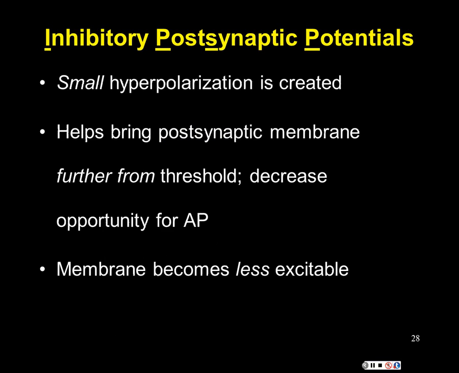As I mentioned, we're going to have a slight hyperpolarization. We're getting further away from threshold, and at that moment the probability of crossing threshold is unlikely during a small hyperpolarization. And so the membrane actually becomes less excitable.